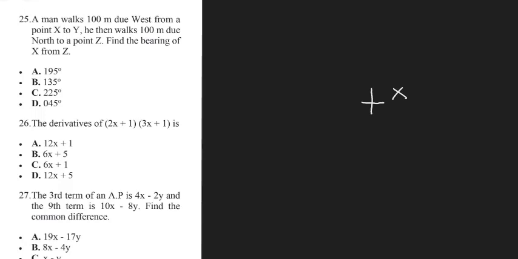And you walk what? 100 meters due west from X. So where is west? This is north, this is south, this is west, and this is east. So due west, he walked 100 meters. So we're going to draw it like this, 100 meters to point what? To Y. So this is our Y.